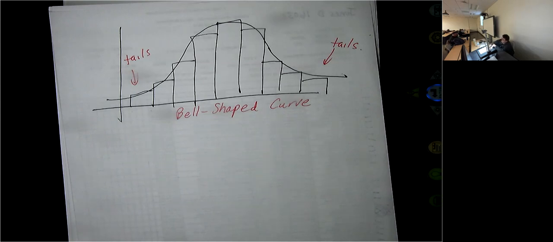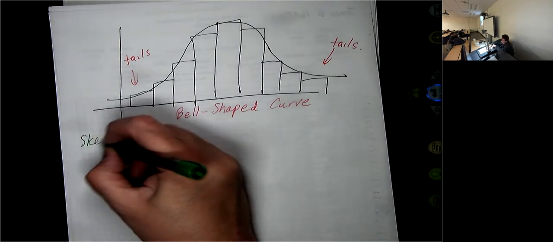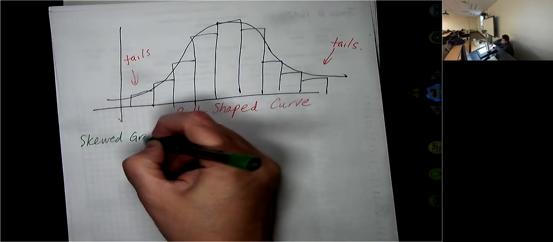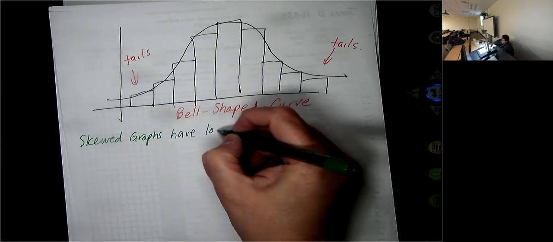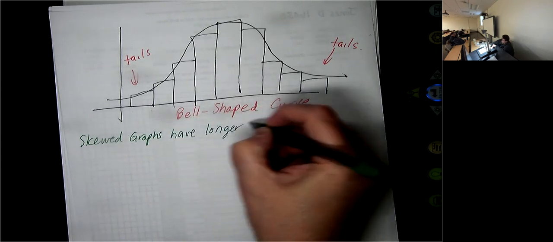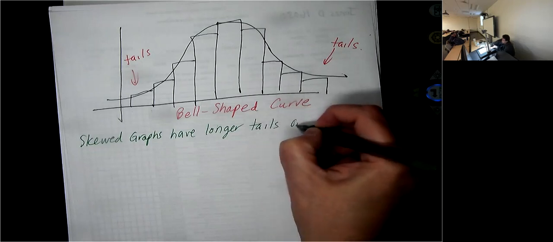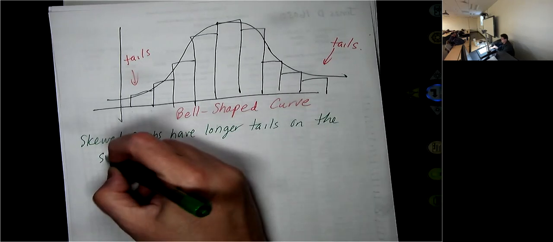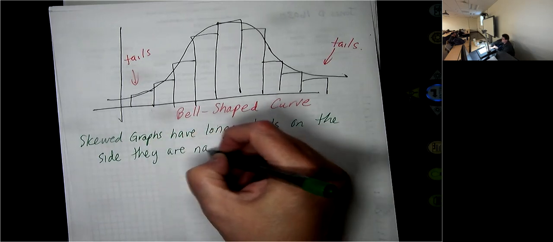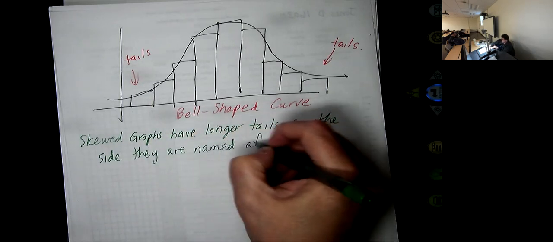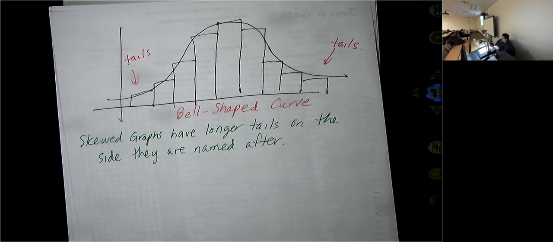So the skewed graphs have longer tails on the side they're named after. Bell-shaped doesn't.